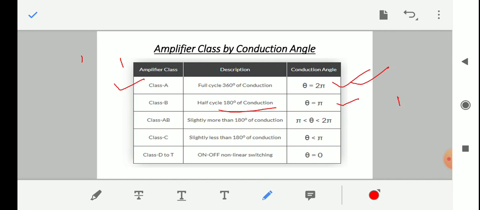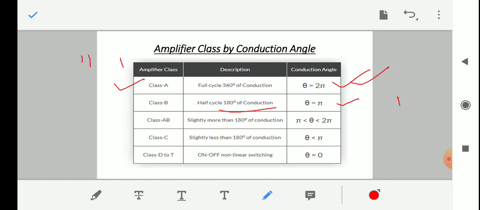The drawbacks of class A amplifier and class B amplifier are: in class A amplifier, the power efficiency is very low, in between 25 to 50%, whereas in class B amplifier the signal distortion is very high.